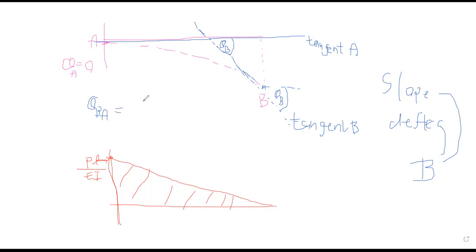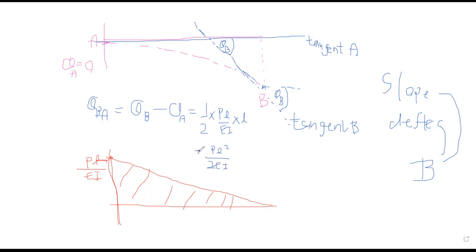So theta B minus theta A, right? That's the area under this curve between A and B. So it's a triangle, and PL over EI into the length L. So it becomes PL squared over 2EI.